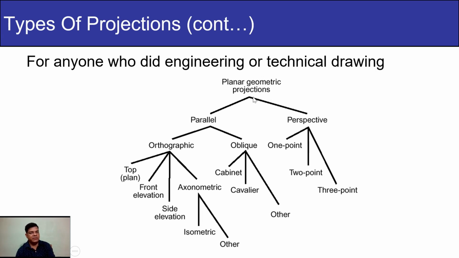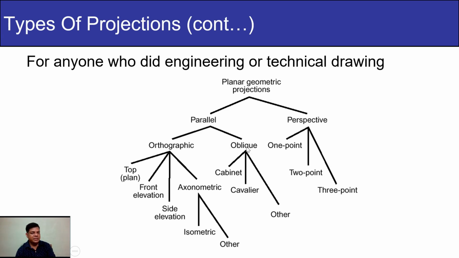Here we can see the different types of projection. Projection can be categorized as parallel projection or perspective projection. Perspective projections can be of three types: 1 point, 2 point and 3 point. Parallel projections can be further categorized as orthographic parallel projection and oblique parallel projection.